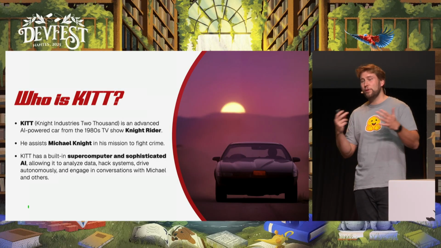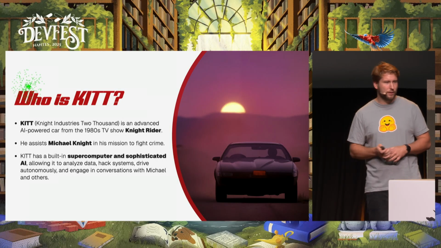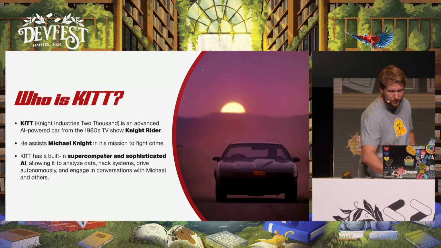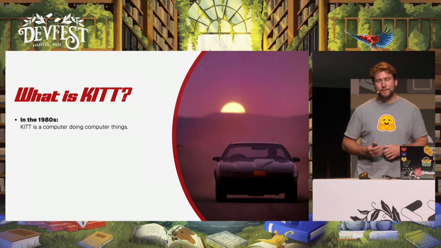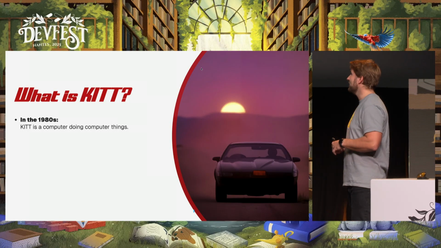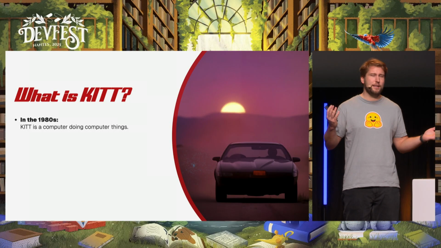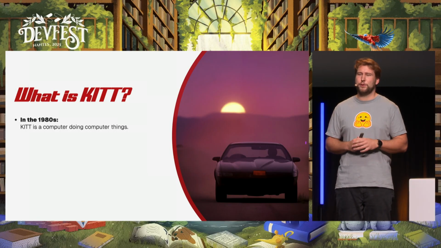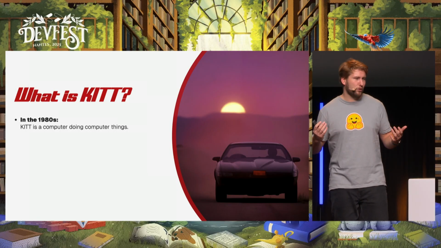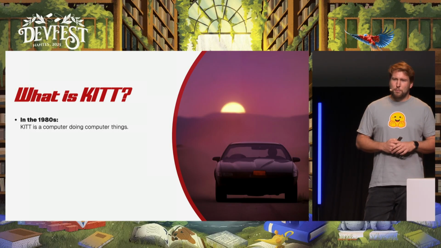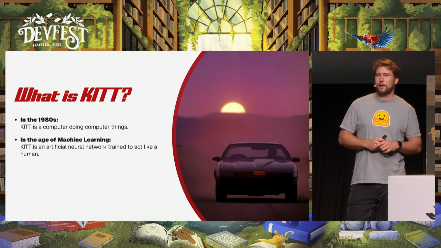So maybe we should rephrase the question. What is K.I.T.? In the 1980s, it was quite simple. Back then, K.I.T. was just a very advanced supercomputer doing very advanced supercomputer things. But then we learned about artificial neural networks.